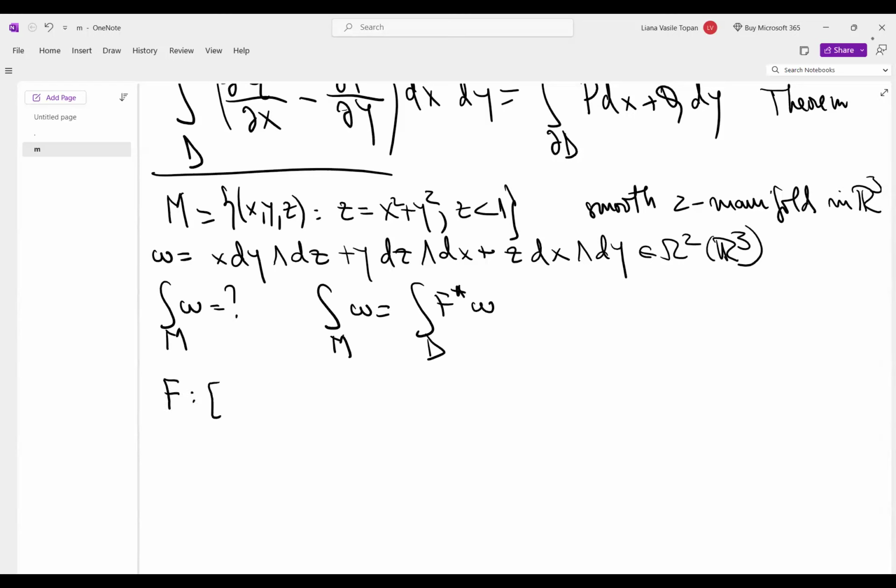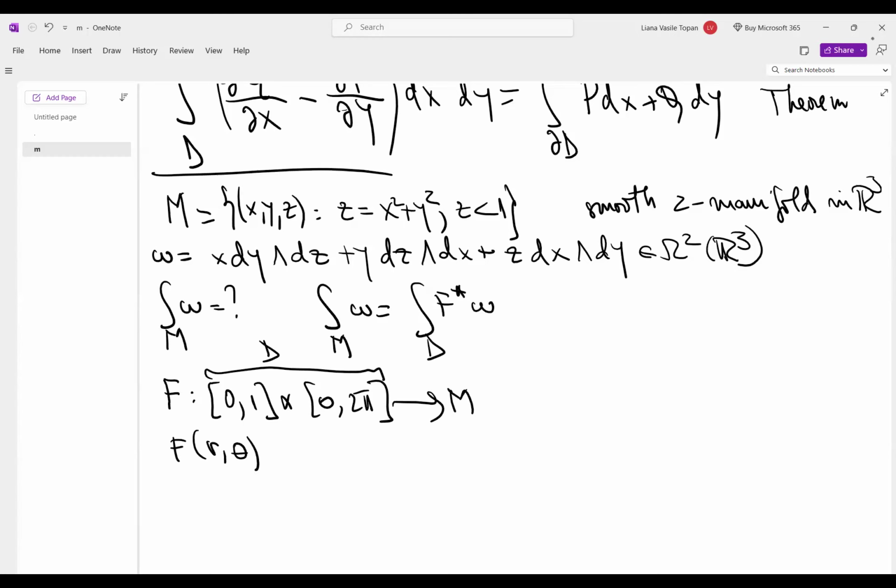We can define it like this: from 0, 1 times 0 to pi into M. So this would be our D, and f of r and theta equals r cosine theta, r sine theta, and r squared.